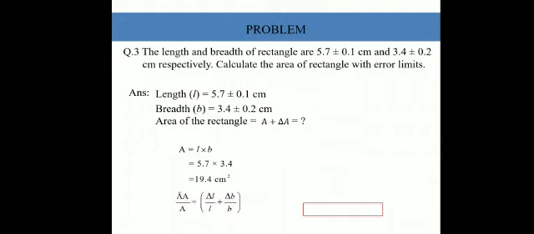So the error in area, delta A by A, is equal to the relative error in length, delta L by L, plus the relative error in breadth, delta B upon B.